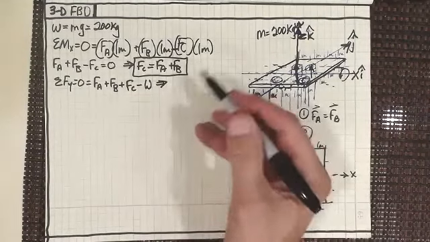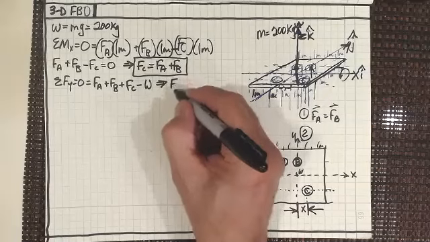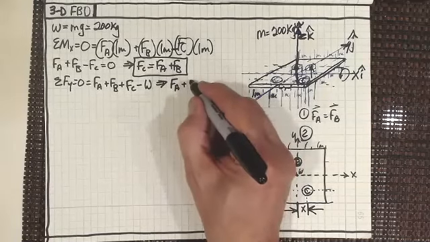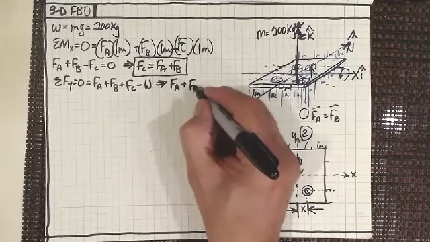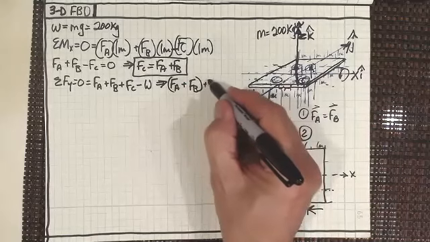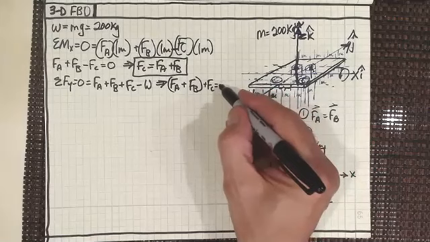So if we simplify that, we've got F sub A plus F sub B, I'm going to put parentheses around that, plus F sub C equals W.